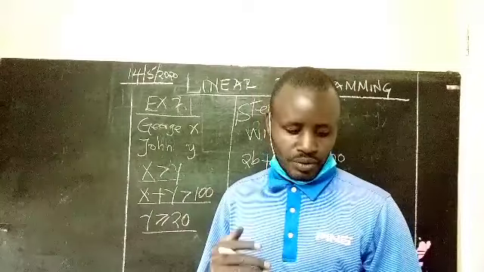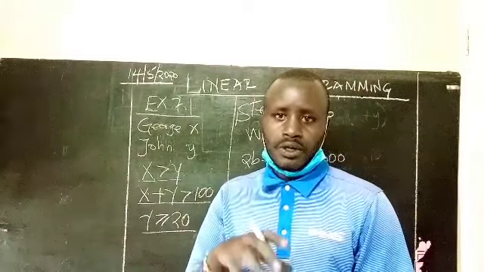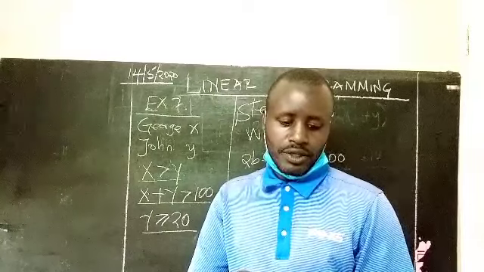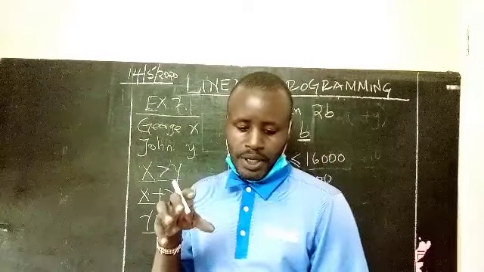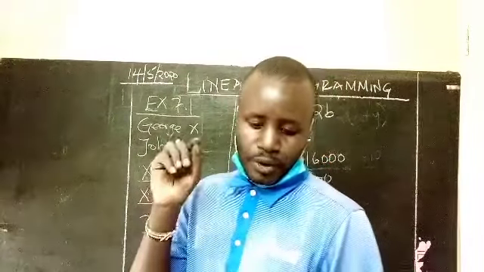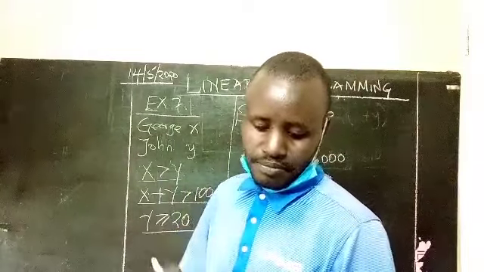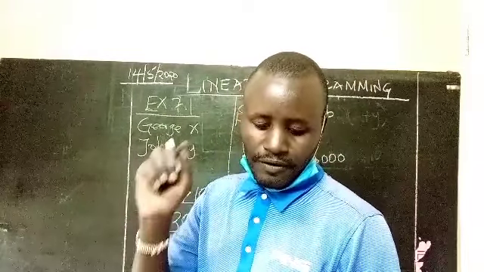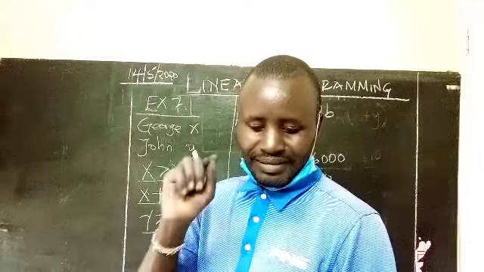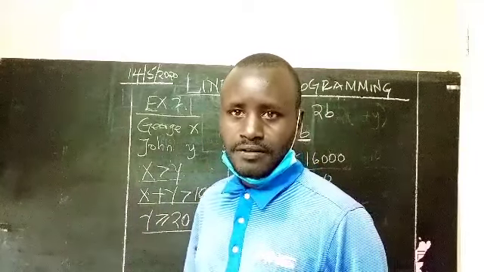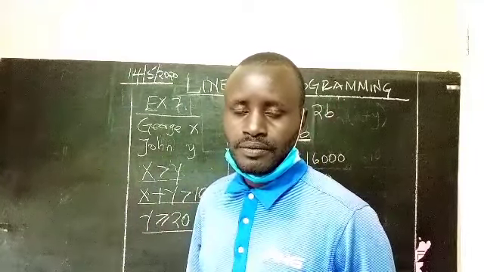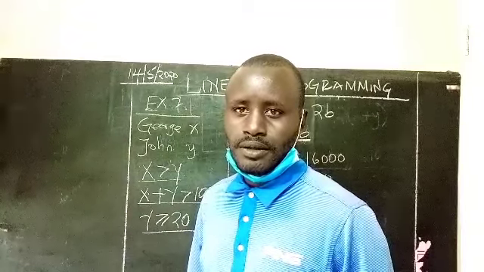I'm going to give you a copy of this so that if you don't have one, you're going to have it. So exercise 7.1, you're going to do all of them: number 3, number 4, number 5, number 6, and number 7. Those are 5 questions. Make sure you give a try.